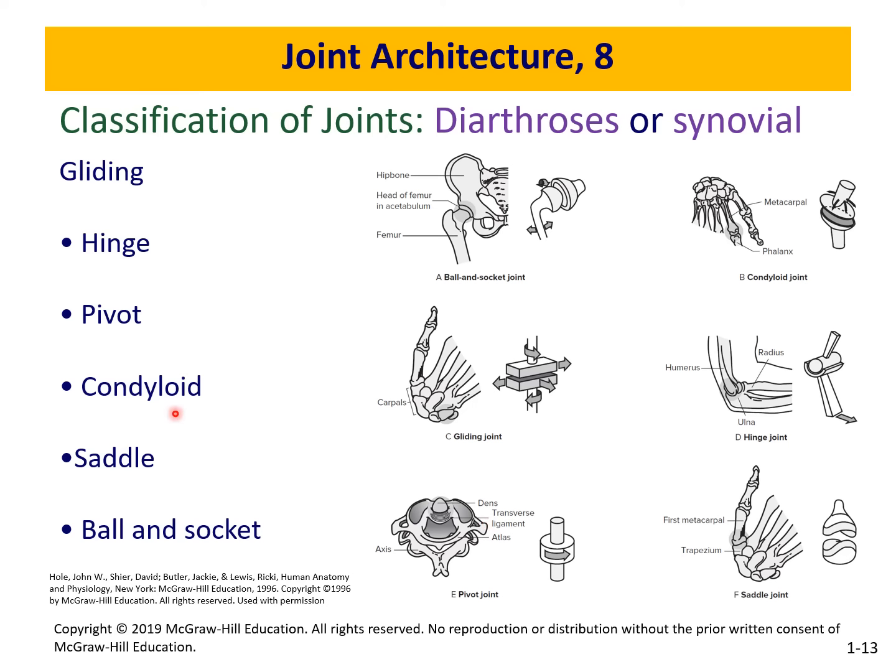Then you have the condyloid, which is the one in the fingers, the tips of your fingers. And the saddle is this one here: the thumb joint, the one attached to the hand, is called a saddle joint. And then you have ball and socket, which is your shoulder or the hip itself.